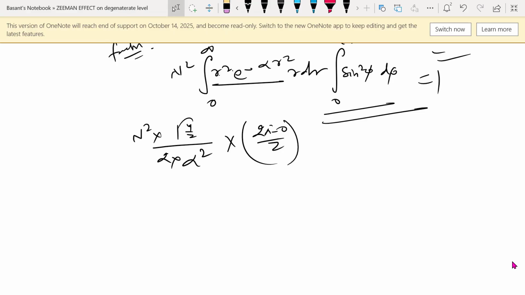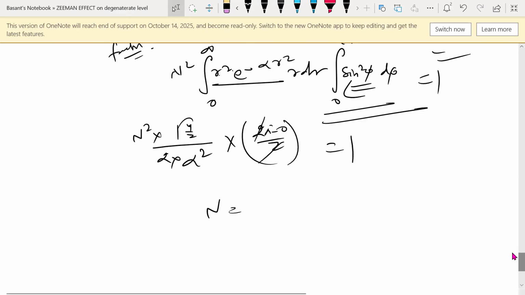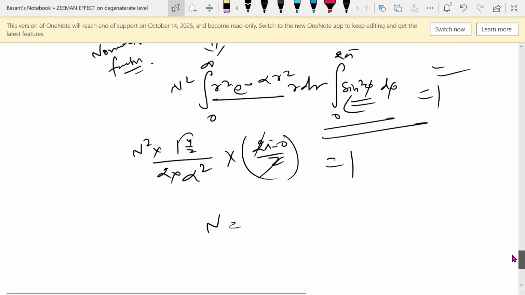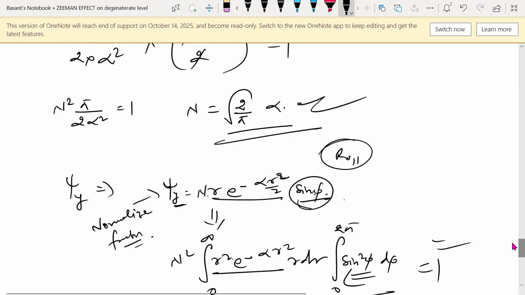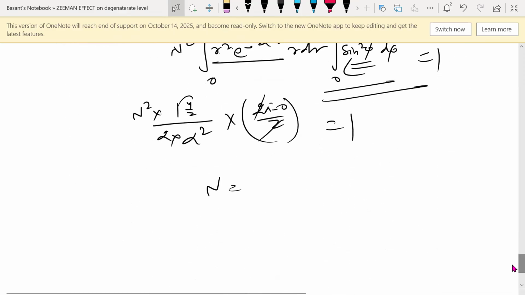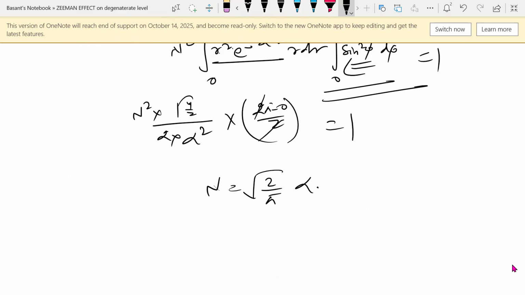So this is the only term that comes from this integration. So again N is equal to root under 2 by pi alpha.